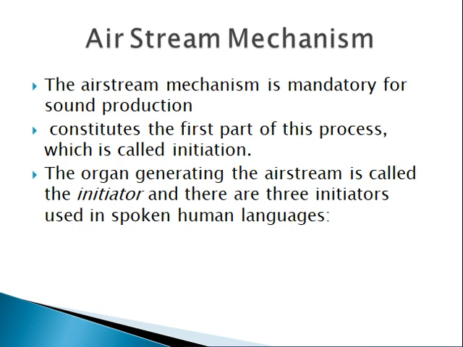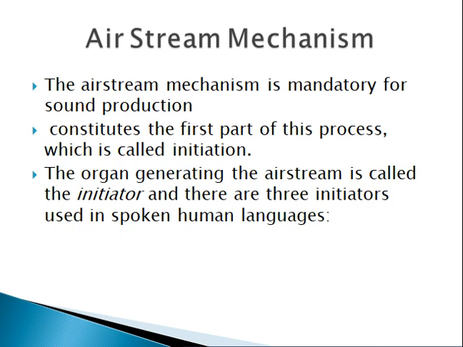So where is the air moving in our body? Of course, we inhale and exhale. We breathe, right? It is the same air we utilize for producing speech sound as well. So it is understood there should be a movement of air for producing the sound, and that we call air stream mechanism.